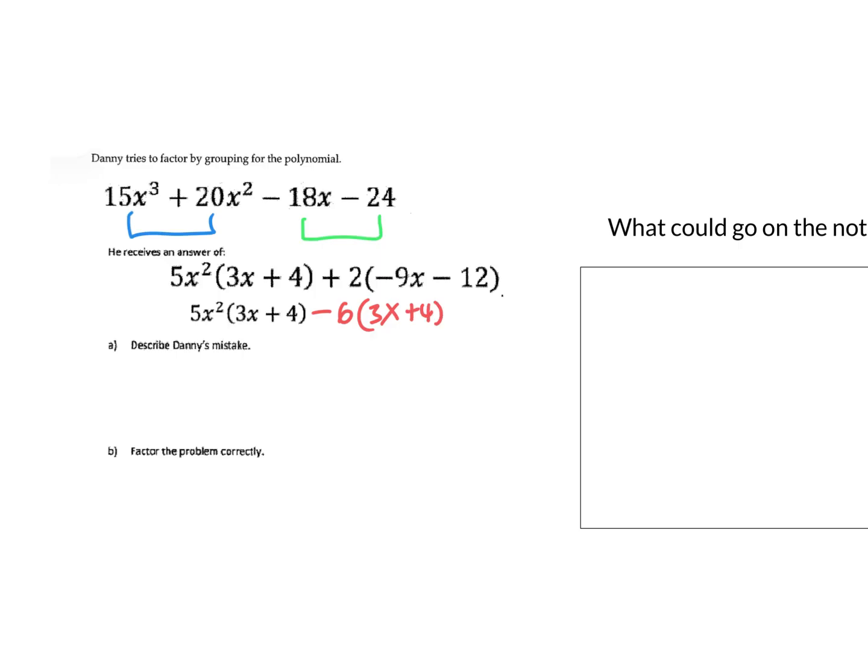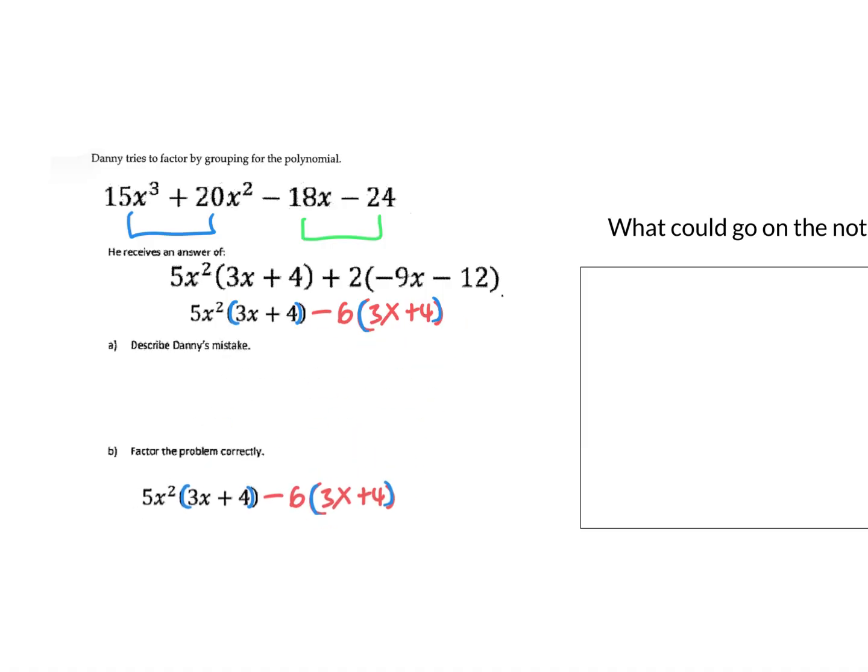And by the way, that would have been a sign that we're doing things correctly, because hopefully my student watching remembers when you're factoring by grouping, the moment you see that the parenthesis matches, right? The blue parentheses here matches the blue parentheses here, that means that you're doing things correctly.